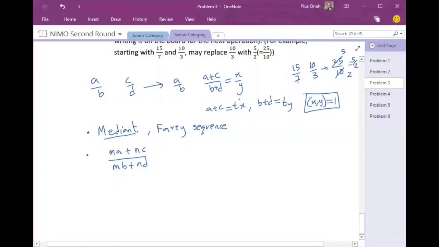It's not as simple as just adding a plus c to get the next one. That's because rather than using a plus c, you'll be using x. So this is going to be the new term coming in. By manipulating, let's say, multiplying numerator and denominator by t, you will end up getting things of this form.